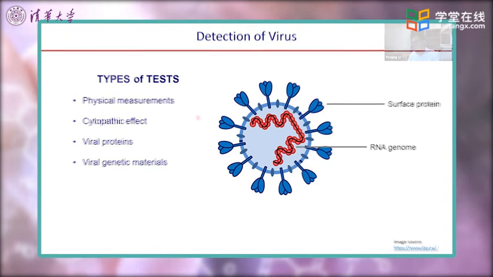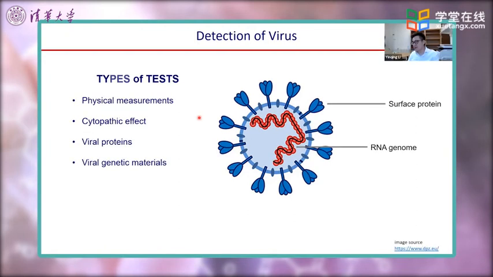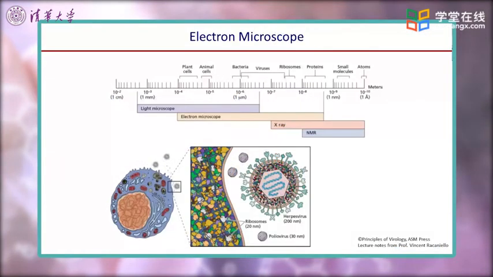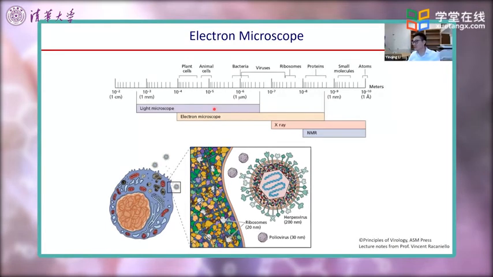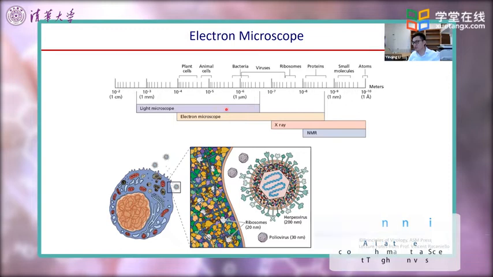Or we can focus on the cytopathic effect, which is caused by some of the enzymes inside the host cell. Alternatively, we can do molecular detection of its proteins or its genetic materials. So to visualize the virus is not very easy, because it's extremely small, about an order of magnitude smaller than bacteria.